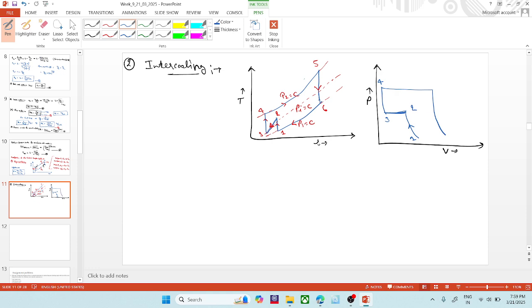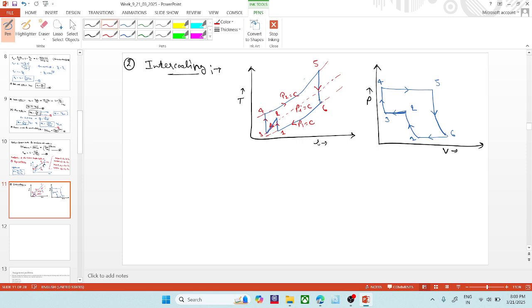Then the heat is added from 4 to 5 and expanded in the turbine 5 to 6. Then the heat is rejected from 6 to 1 in the intercooler or heat exchanger. So this would be the cycle on the PV plot.